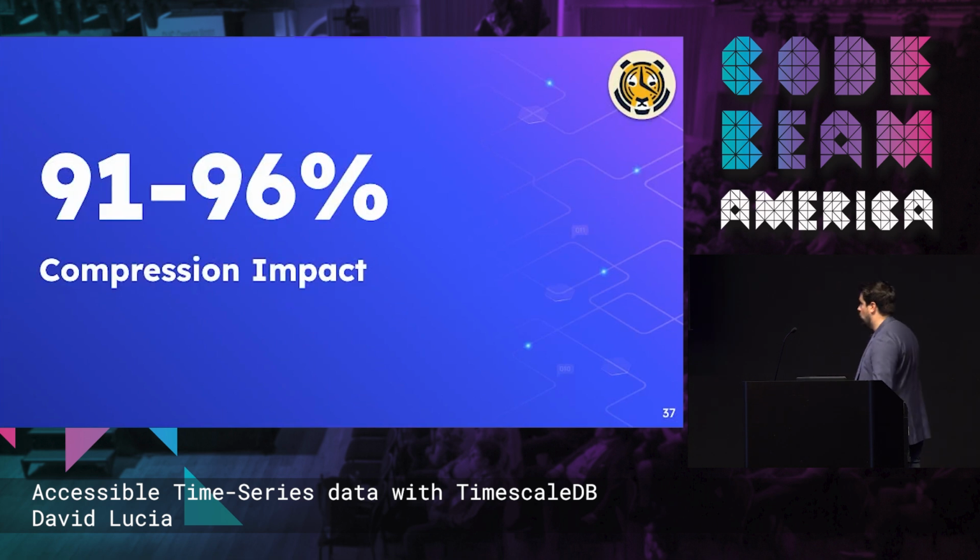Now, with this and some other really interesting features that they have, you can get up to 96% compression on your data. So it's using things like gorilla compression for floats, which I have no idea what that means, but it sounds really cool. Delta of delta, simple 8B, run length encoding.